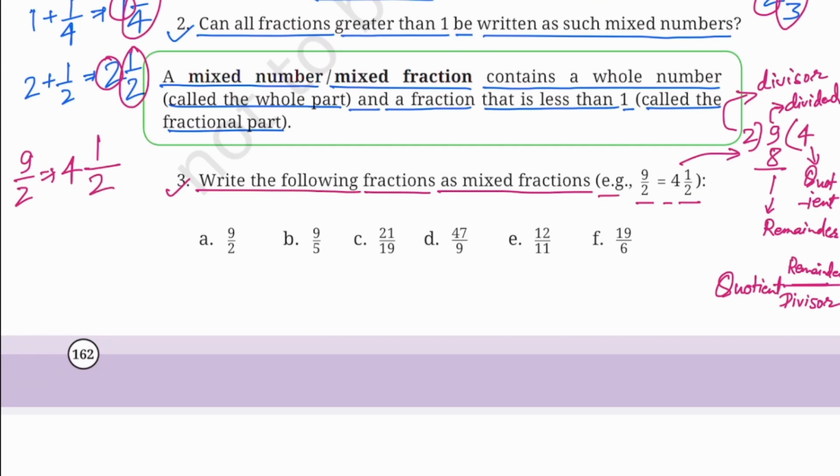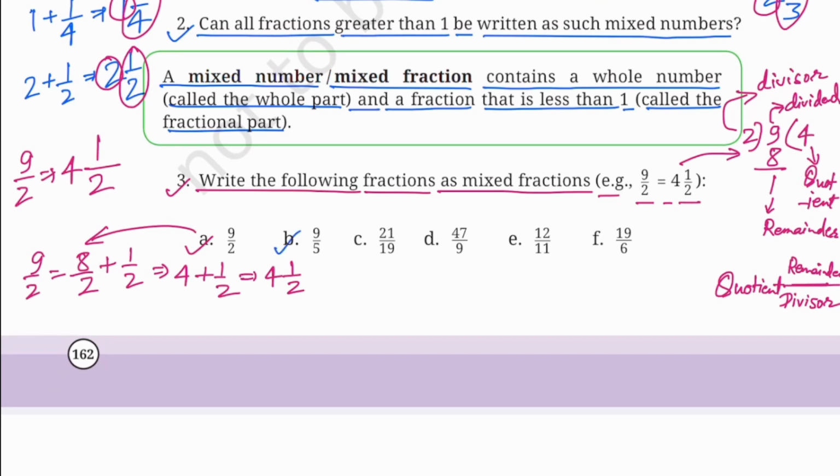A. 9 upon 2. 9 upon 2 can be split into 8 upon 2 plus 1 upon 2. You can write it as 4 plus 1 upon 2 or 4 whole 1 upon 2.